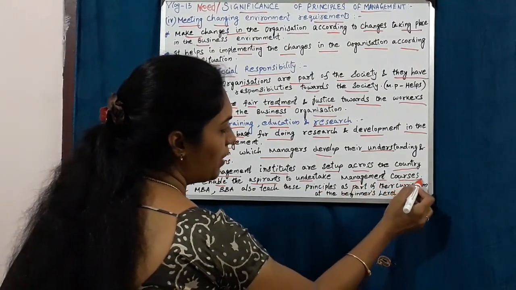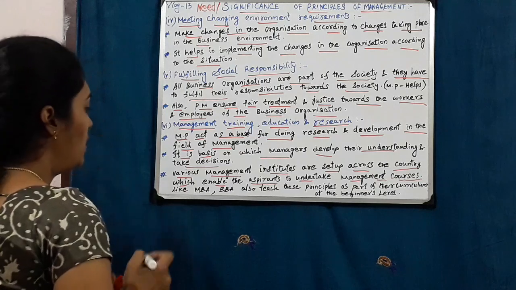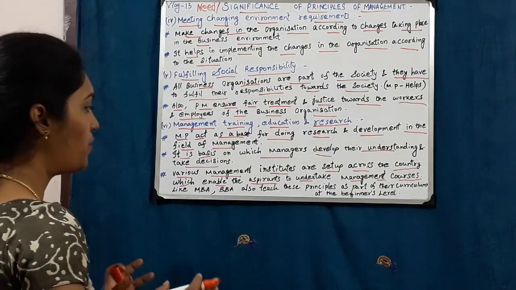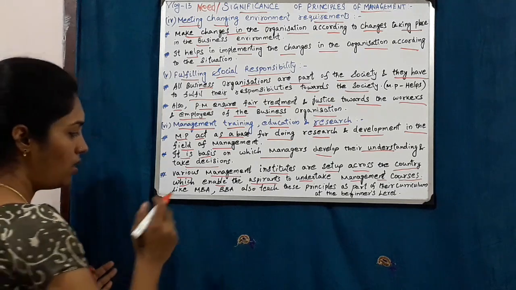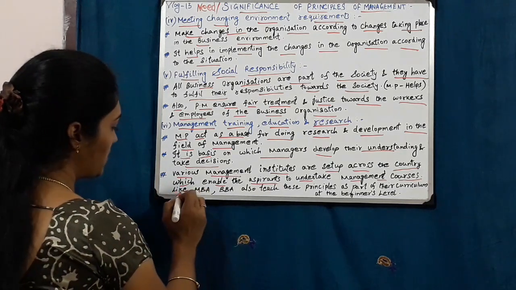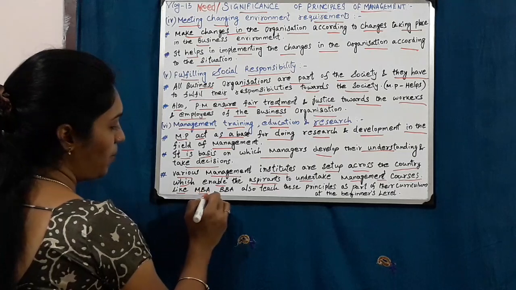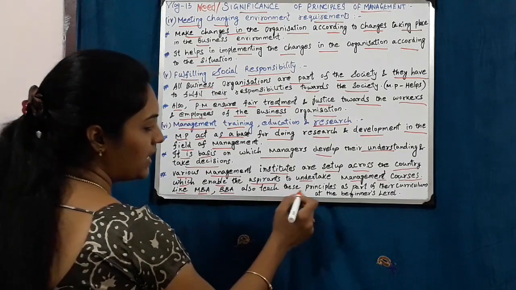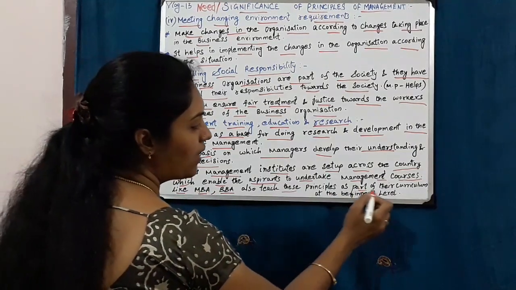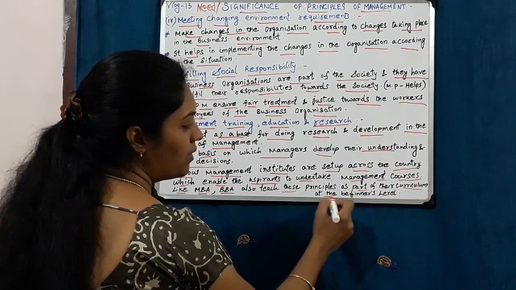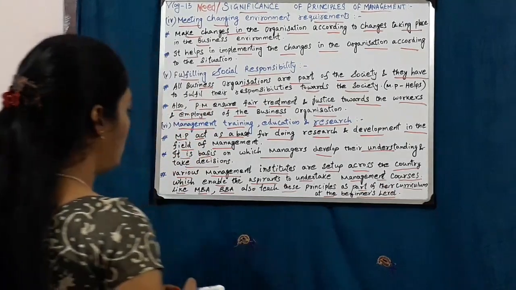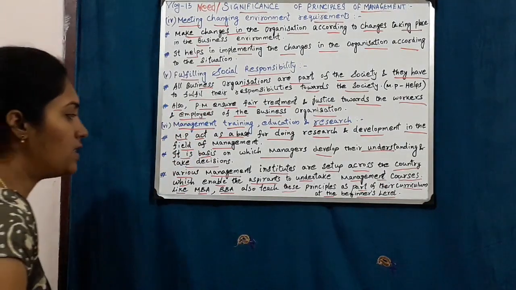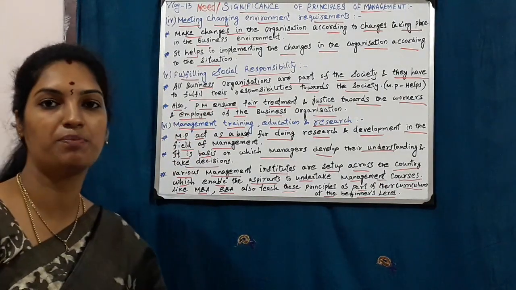So if people really want to become a good manager, they have to take this particular course as a professional course, and they have to learn these courses. For example, MBA and BBA also teach these principles as part of their curriculum at the beginner's level. So the research work is still going on based on these principles only.